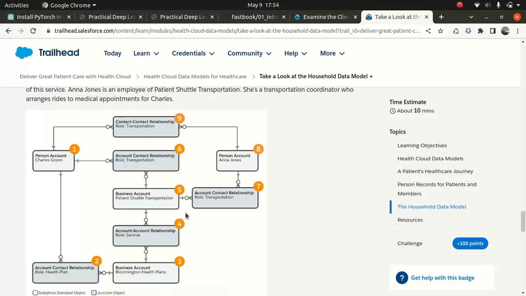So that transportation company has an account-to-account relationship with the insurance company. That's the Blooming Health Plan. Now this all looks pretty simple, right?